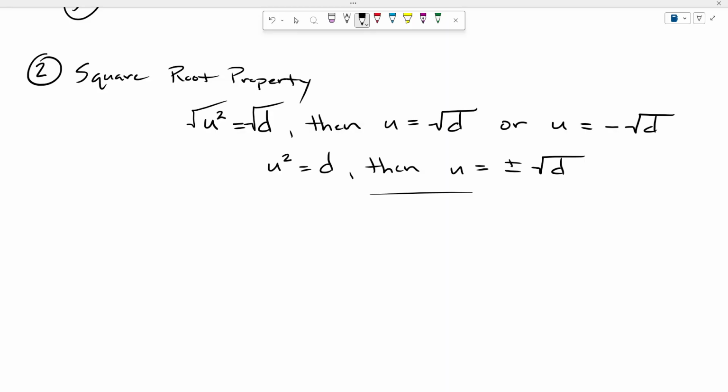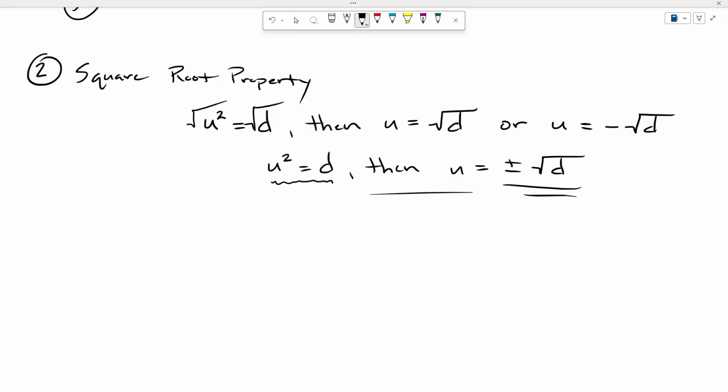So first we need to have something that's in this form, and then if that is the case, u will be equal to plus or minus the square root of d. So there's a positive and a negative answer. So if u is an algebraic expression and d is a non-zero real number, then u squared equals d has exactly two solutions. So let's take a look at a couple examples here.